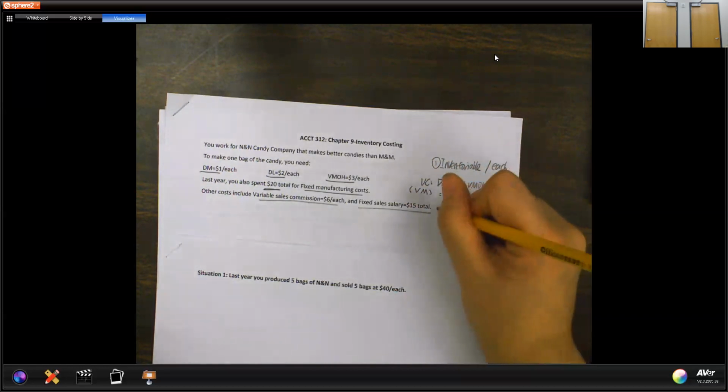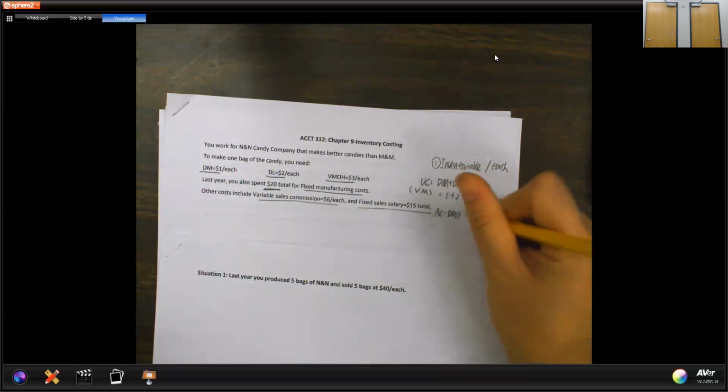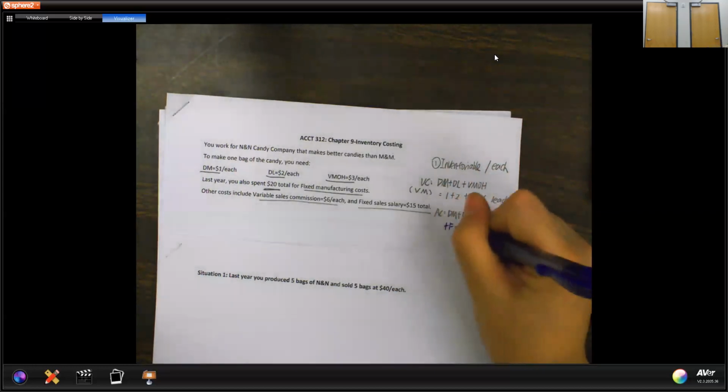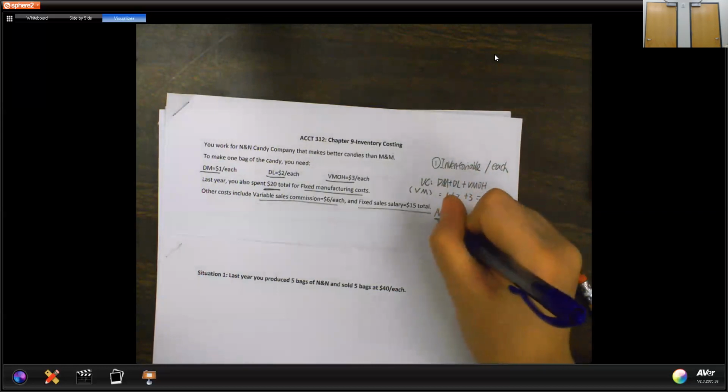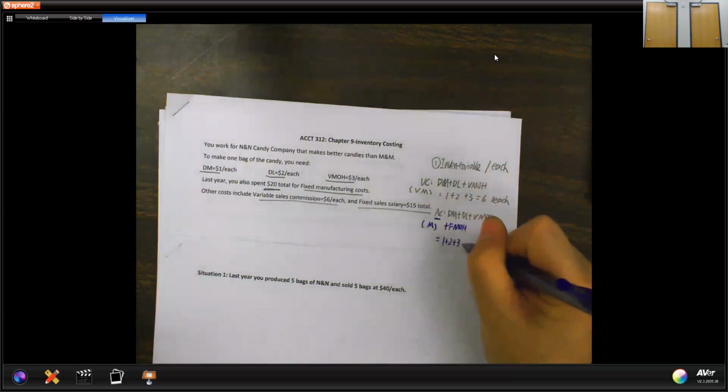And under absorption costing, it's all this, right? Direct material, direct labor, plus variable manufacturing overhead. But we also need to add our fixed manufacturing cost, because it absorbs all the manufacturing cost as long as it's manufacturing cost. So we get 1 plus 2 plus 3, and how do we get the fixed manufacturing overhead for each unit?